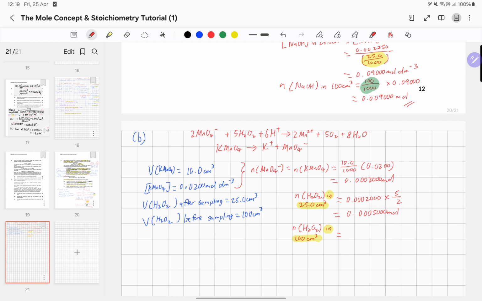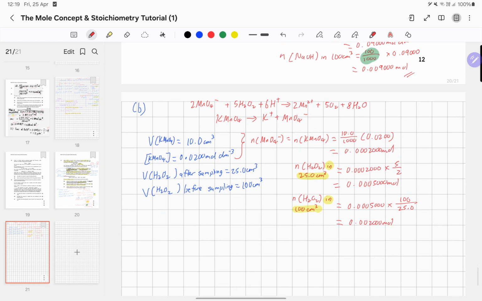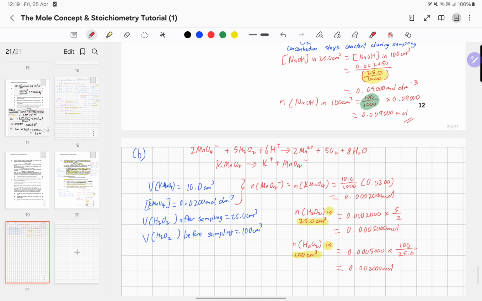Okay, so in this case 0.0005 multiplied by 100 over 25.0, or you can use the other method that I have suggested. Okay, 100 over 25.0, this one will have been 0.002 mole. Okay, and that would have been your answer.